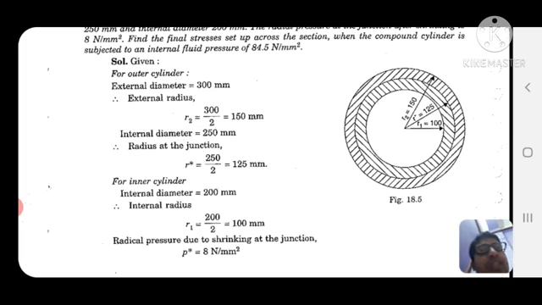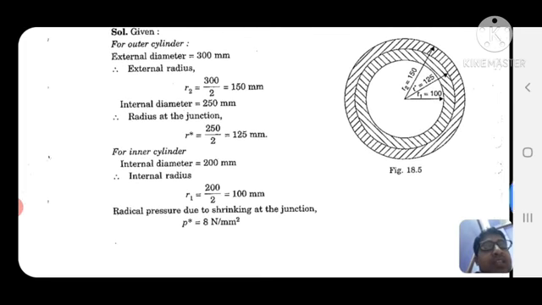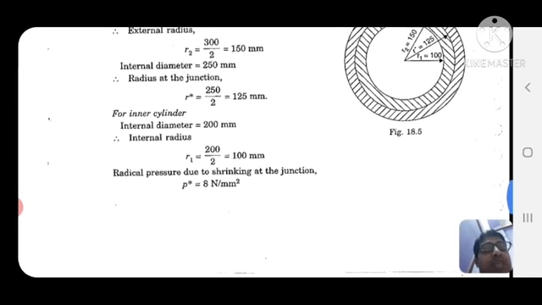Here, for the outer cylinder, external diameter is equal to 300 millimeter. External radius is equal to 300 divided by 2, so that is equal to 150 millimeter. Internal diameter is 250 millimeter, and radius at the junction is equal to 250 by 2, that is 125 millimeter.